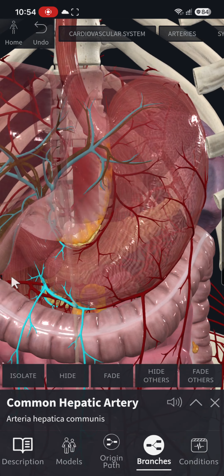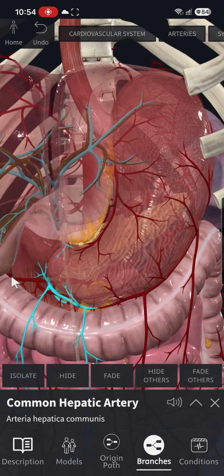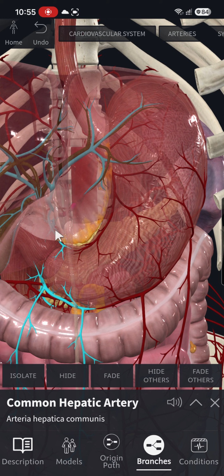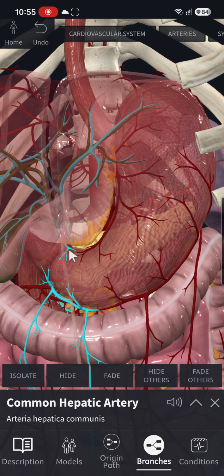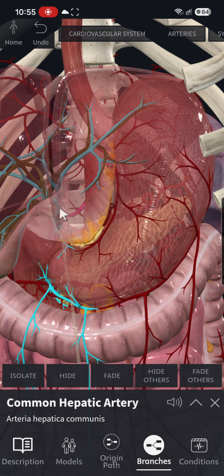Then the last branch of the common hepatic: when the common hepatic gives off the gastroduodenal, which gives off 2 branches, and then the right gastric, it becomes the proper hepatic artery. Proper hepatic because it's just purely hepatic right now, right?